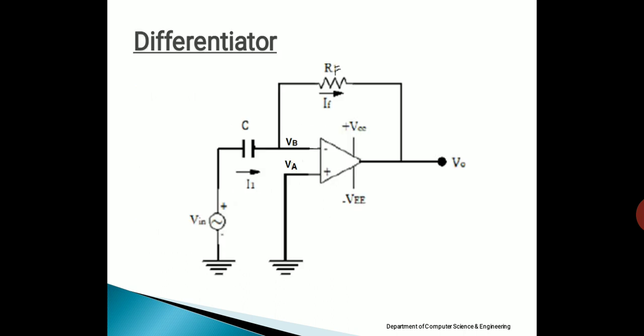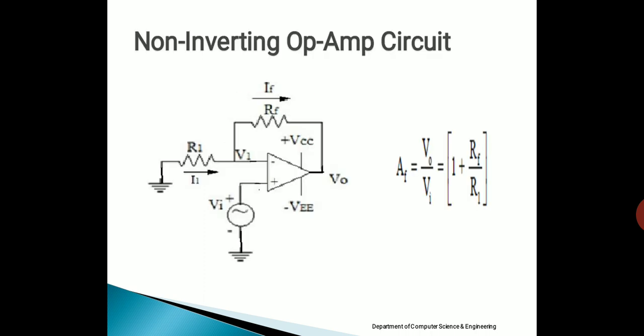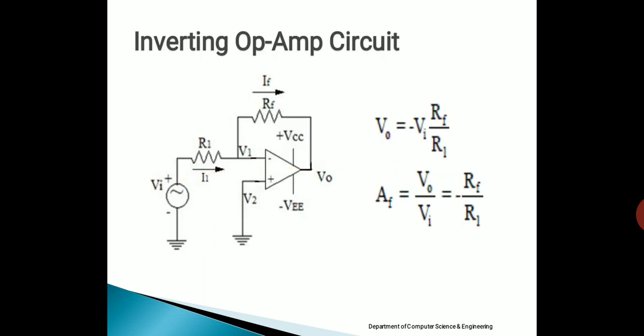So we'll start with the first application, the differentiator. This is the circuit diagram of the differentiator. This circuit is exactly similar to the inverting op amp circuit which we have seen just now, wherein we have resistors R1 and RF.